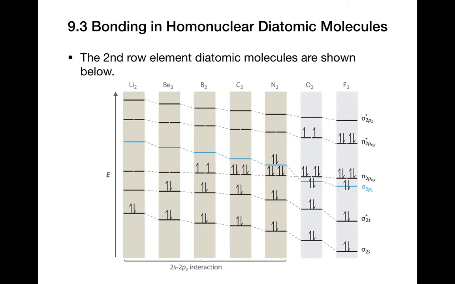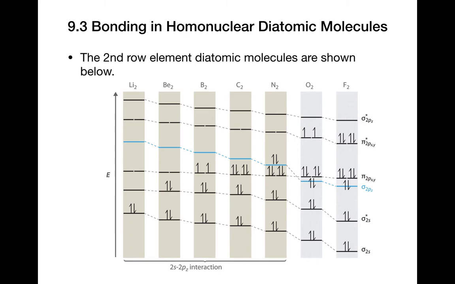N2, of course, we know is triple bonded, and that shows up with the pi 2p and the sigma 2p, all 3 molecular orbitals being filled with a pair of electrons. So it has 3 sets of bonding electrons.